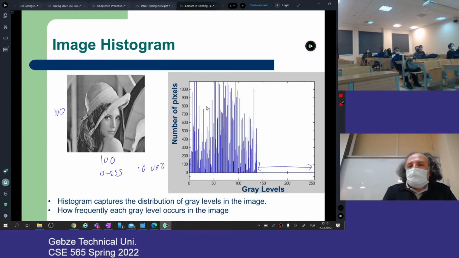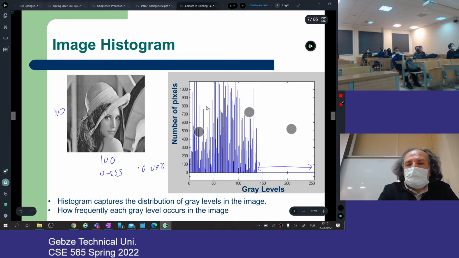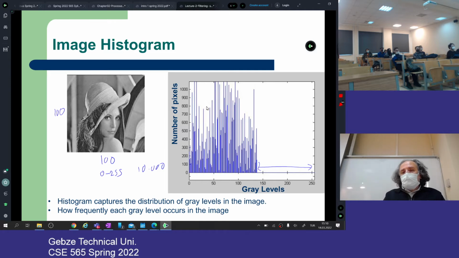So I would expect this to be a dark image. Well, this histogram doesn't correspond exactly to this image, but if you see a histogram like that, most of the dynamic range of this image is wasted. It is empty. You usually expect more.